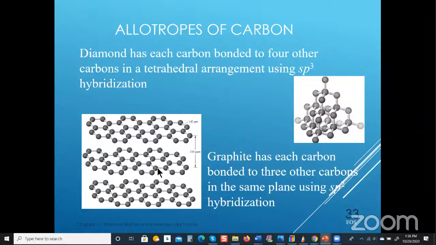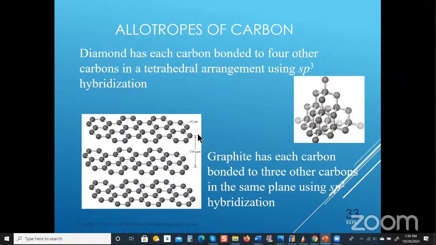If you look at the structure of graphite, you see that it consists of sheets, right? Each sheet is made up of several hexagons of carbons, which are fused at different edges. So for example, you have 1, 2, 3, 4, 5, 6 carbon atoms here in this hexagon arrangement, and then you have 1, 2, 3, 4, 5, 6 carbons here in this hexagon arrangement.